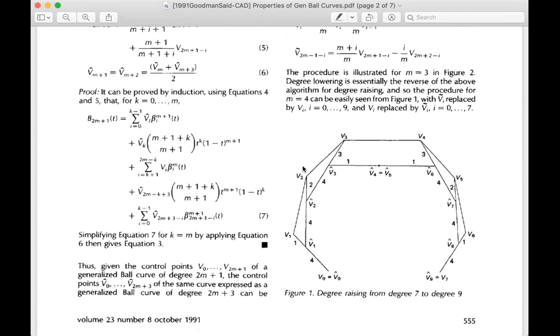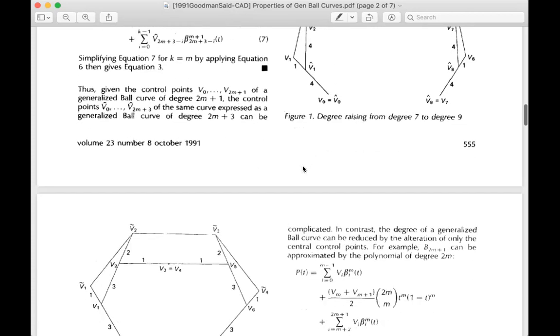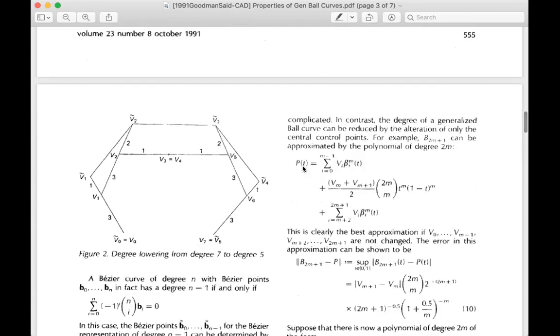So you can see that for the generalized ball curve, if you want to raise the degree, it has to be raised from one odd number to another odd number, 7 to 9, 9 to 11 or something. That does not make sense. Okay, so this one is to lower the degree, from 7 to 5.